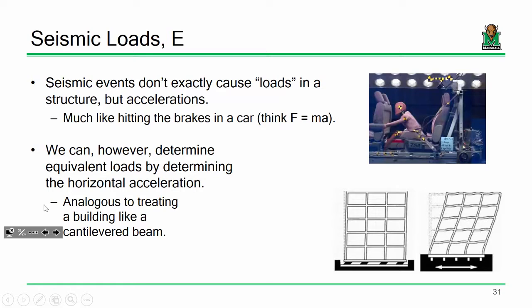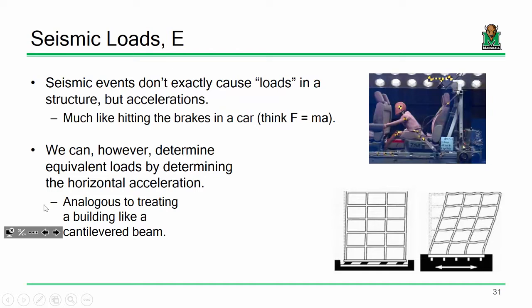And your hips didn't have the lateral stability to hold you back, so you just fling forward, right? Okay. Now, because of that, we insert a system into the car that's meant to hold you back, and that system is the seat belt. So the seat belt is experiencing a load based on your mass undergoing a certain acceleration. Make sense?